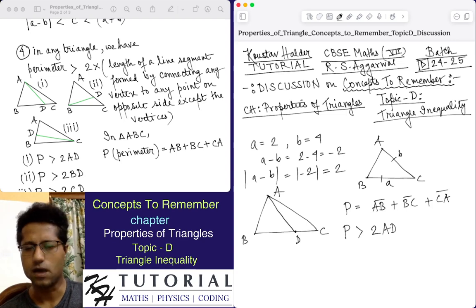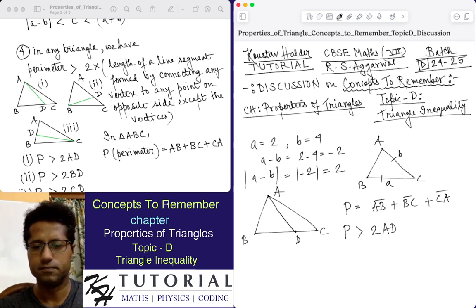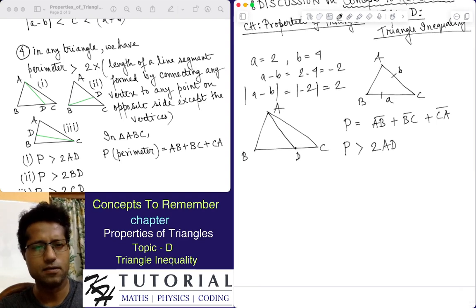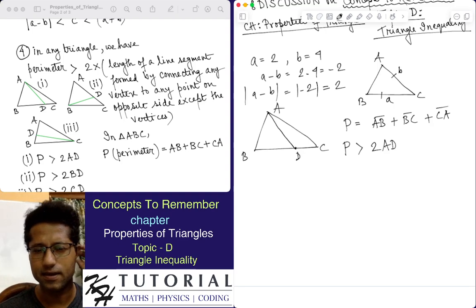So I will have P greater than twice AD. You can see in the figure, in the first figure we are creating a line segment AD by taking a point D on the side BC and connecting it with the opposite vertex A. In figure 2, D can lie anywhere on the side AC, and we are connecting that point D with the opposite vertex B. So BD is the line segment.